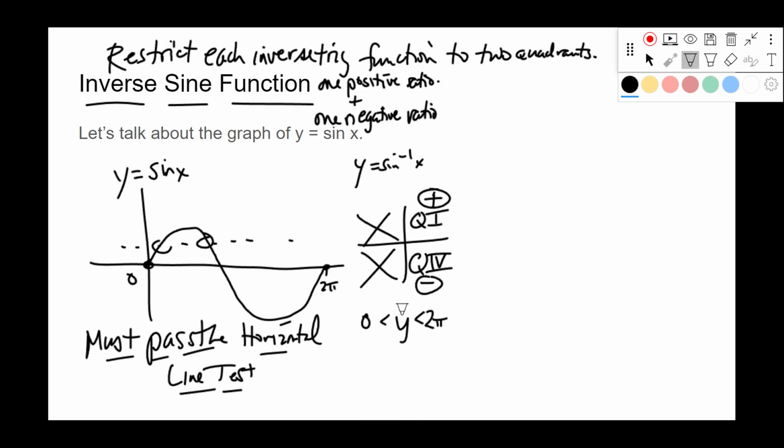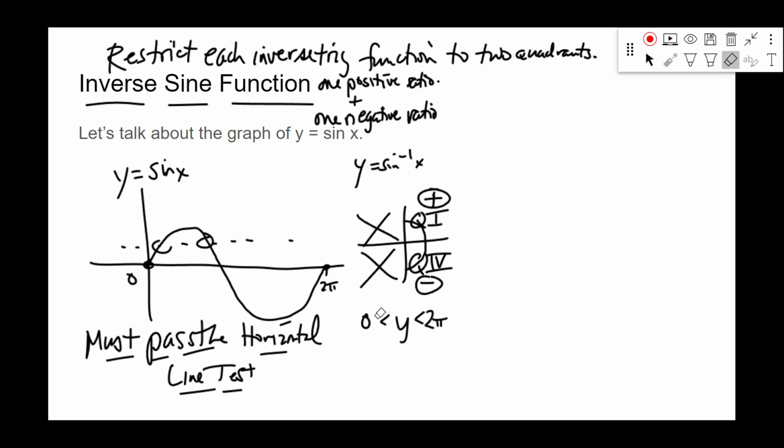Because the problem is if I write this, then y can be anything from 0 all the way around to 2 pi. And that's not what I want. I only want answers starting in quadrant 4 and then ending up in quadrant 1. So just from here over to there. I don't want anything on the left-hand side.